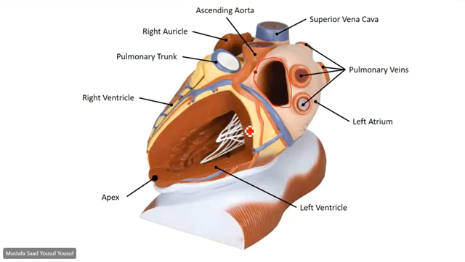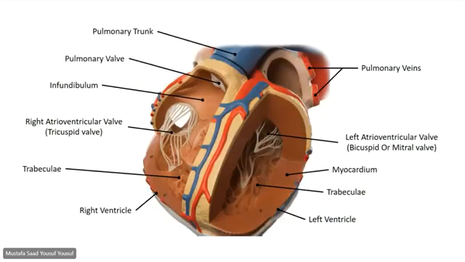Here I can see the pulmonary veins. These are the left pulmonary veins, and on the other side we have the right pulmonary veins. Here everything is opened; all the chambers are opened. We can see the trabeculae.